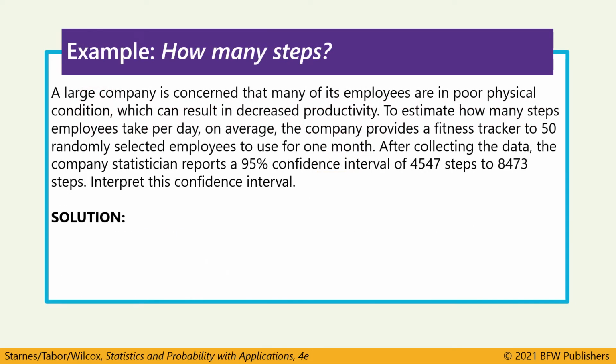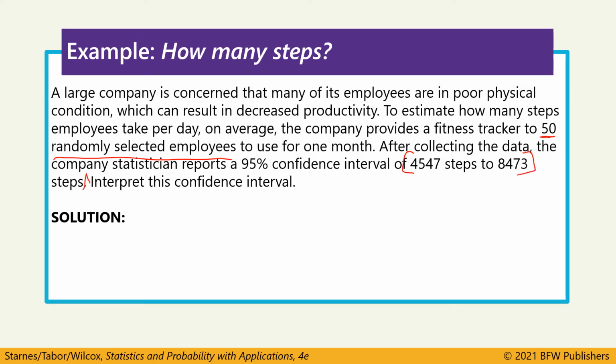A large company is concerned that many of its employees are in poor physical condition. To estimate how many steps employees take per day on average, the company provides a fitness tracker to 50 randomly selected employees. So here is our sample, 50 randomly selected employees. After collecting the data, they create a confidence interval of 4,547 steps to 8,473.